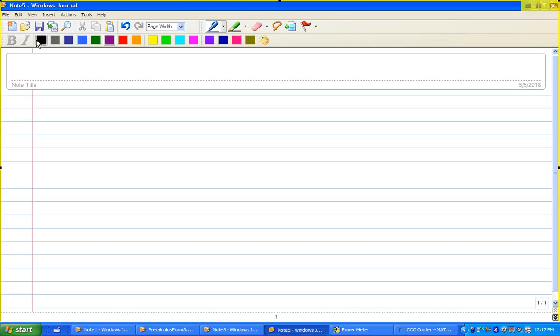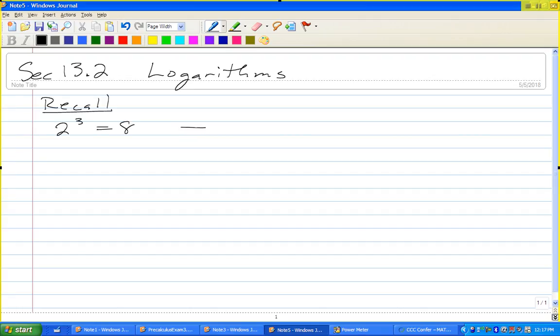Okay, so section 13.2, logarithms. So let's recall 2 cubed is 8. And this exponential form can be written in logarithmic form as the log base 2 of 8 is 3. And so the base here is 2.